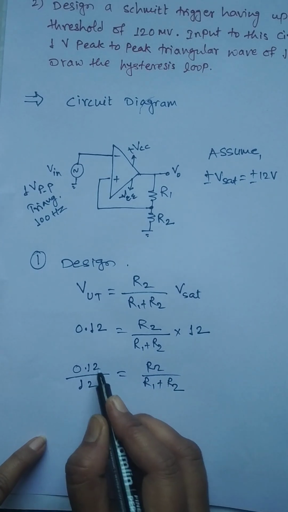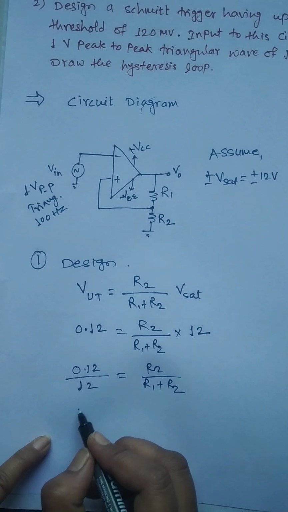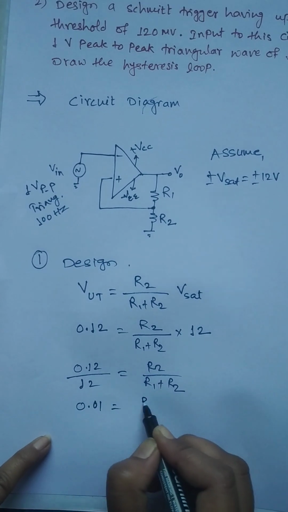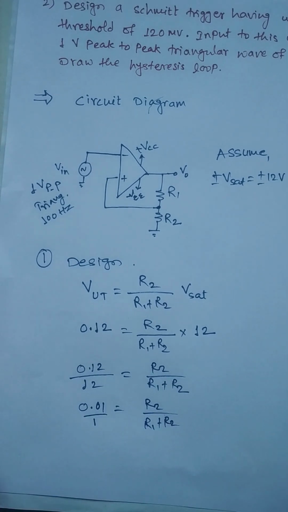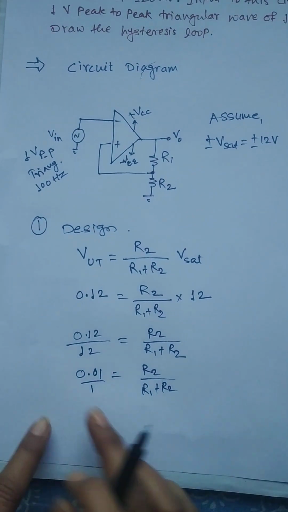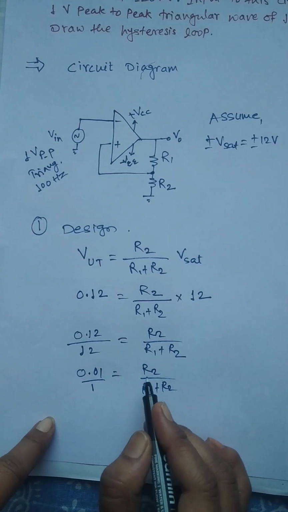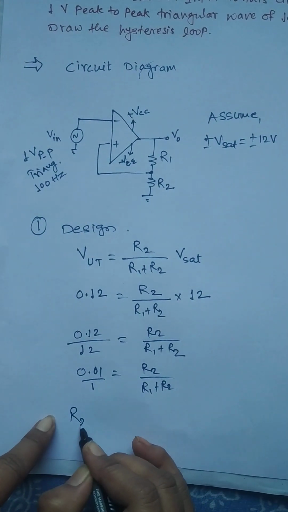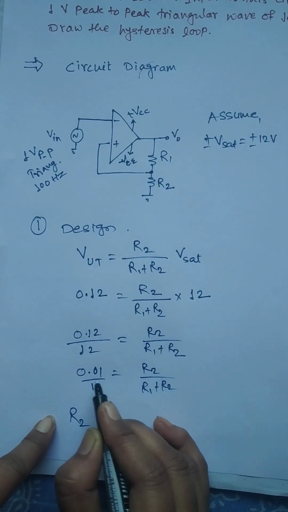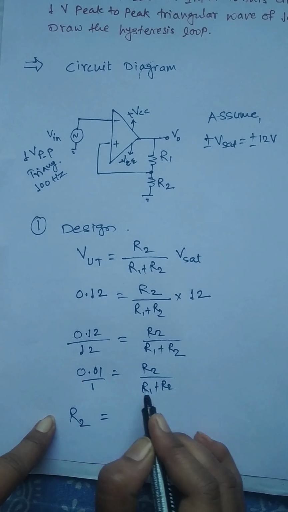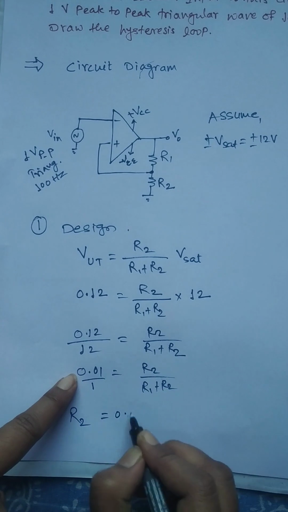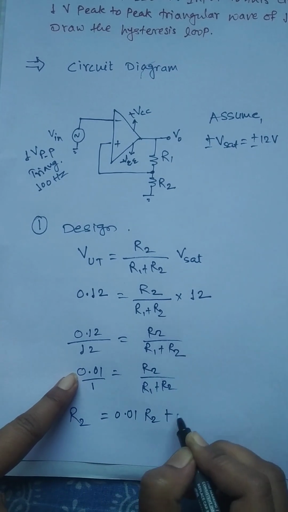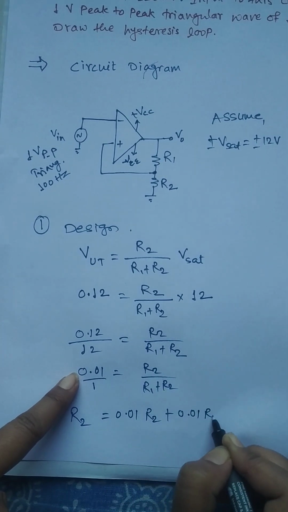So 0.12 over 12 will be 0.01, which is equal to R2 upon R1 plus R2. Now you can see two fractions are there. You can cross multiply. So R2 multiplied by 1 will be equal to R1 plus R2 multiplied by 0.01. So it can be 0.01 R1 plus 0.01 R2.